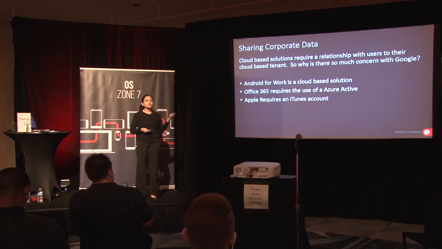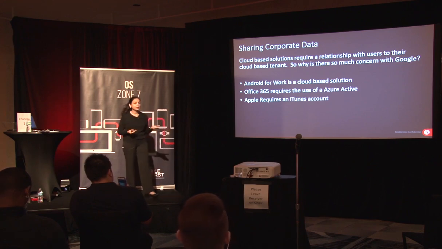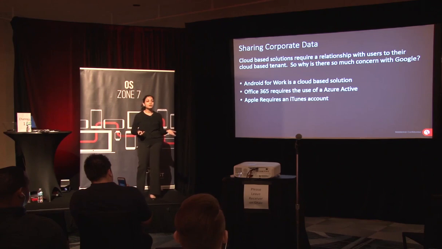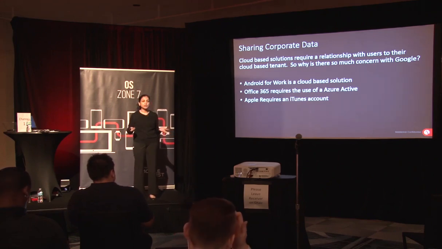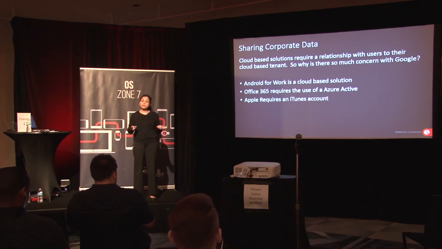Sharing corporate data. We know that cloud solutions require a kind of relationship. When we look at Windows with Azure Active Directory, you still need to have a relationship with Microsoft. Same with Apple, you need to have an iTunes account at a corporate level. Even with device-based VPP, you still need to have an iTunes account at a corporate level. So you need to establish that kind of relationship between the provider, in this case the EMM, and your domain.